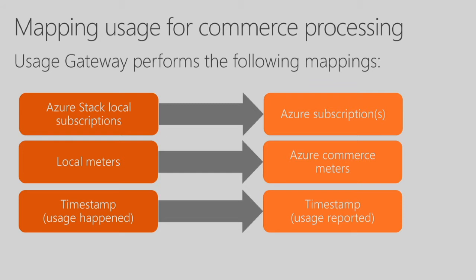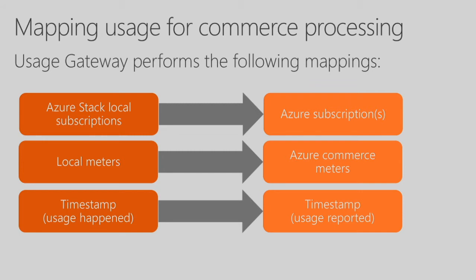And so what we do is we change the timestamp to the time that Usage Gateway processes the data. So the current time at that point, it goes into Commerce. Commerce takes it as recent, and everything flows smoothly.